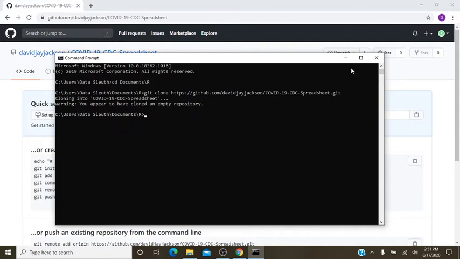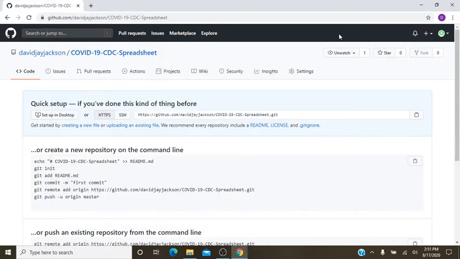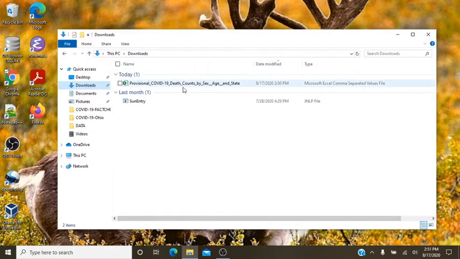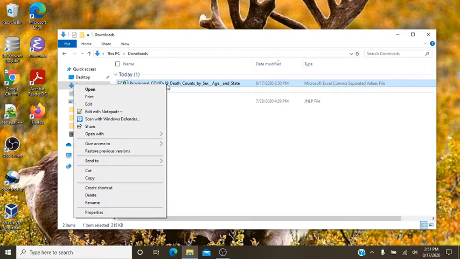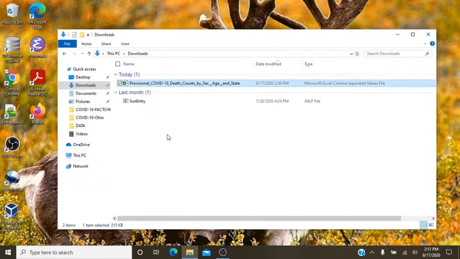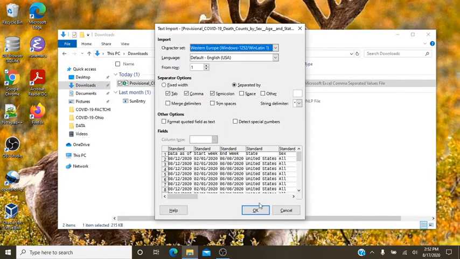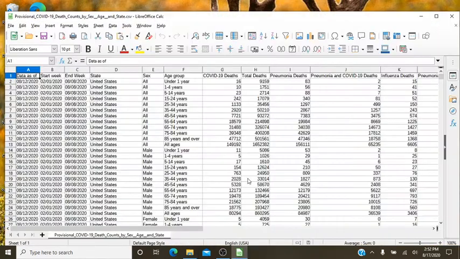Okay, so now we've got a repository. Let's just leave the main branch here for convenience.